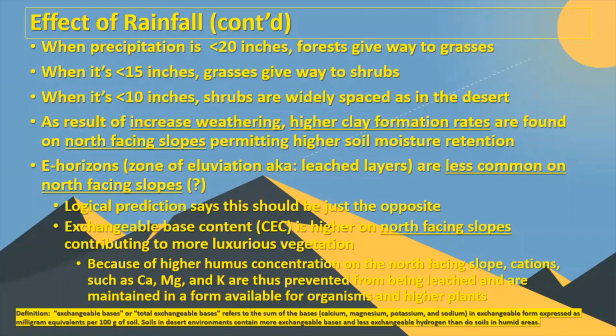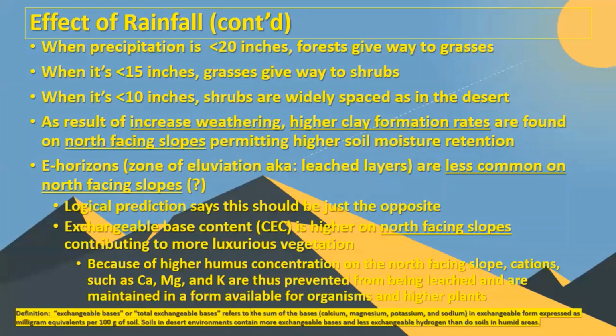So as a result, there's increase of weathering on certain slopes, like the north-facing slope. They have higher clay formations. These are smaller particles, clay. Also clay, there's a thing called a clay mineral in addition to the clay size of particles. So in geology, there are two different types of clays. One is particle size. Clay is the smallest particle we can visualize in the microscope. And then there's the clay mineral.